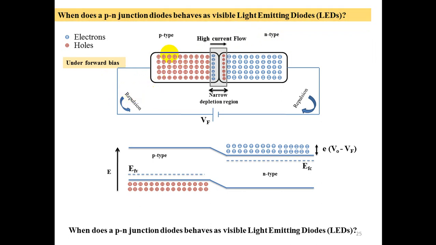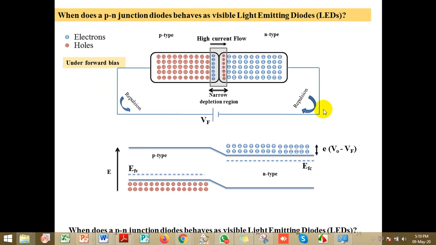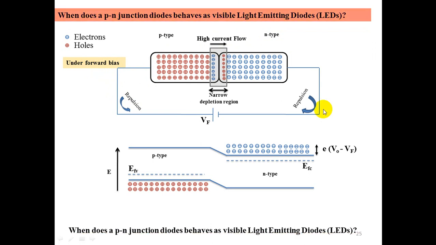When a p-n junction is subjected to forward bias, it allows high current flow, and during this condition the electrons and holes diffuse inside this depletion region.